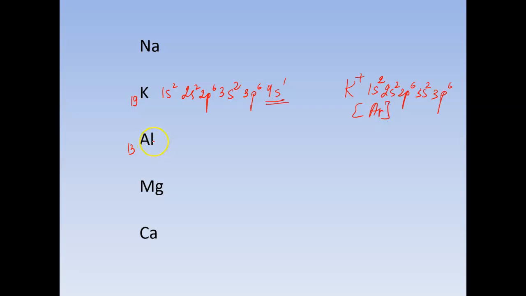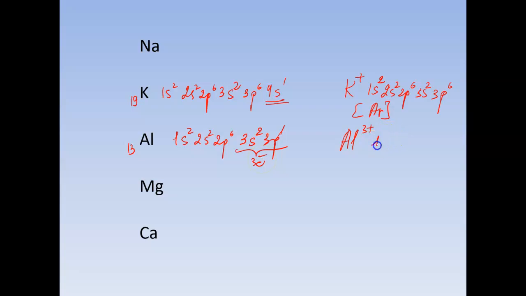For aluminum, it has 13 electrons because its atomic number is 13. The electron configuration will be 1s2, 2s2, 2p6, 3s2, 3p1. So 3 valence electrons here, and to become more stable, it needs to lose these 3 outer shell electrons.